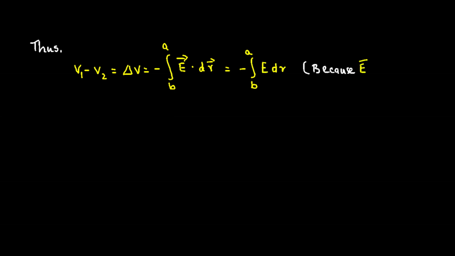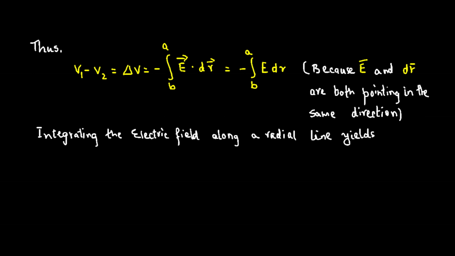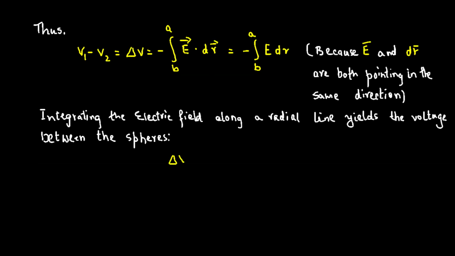Now E vector and dr vector are both pointing in the same direction, so we can write negative integral B to A E dr. Integrating the electric field along a radial line yields the voltage between the spheres. The change in potential will be equal to negative the integral of Q over 4 pi epsilon naught times R squared times dr with the limits going from B to A. Then we have negative Q over 4 pi epsilon naught, being a constant, pulled out of the integral.